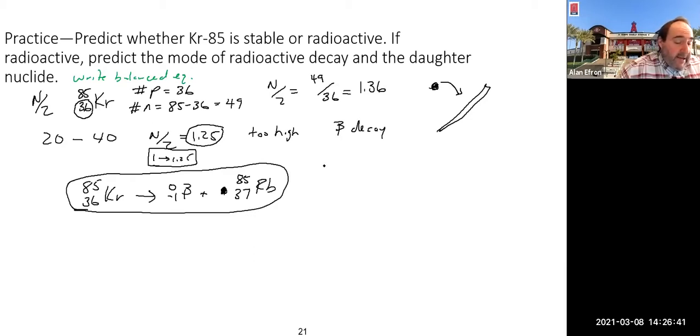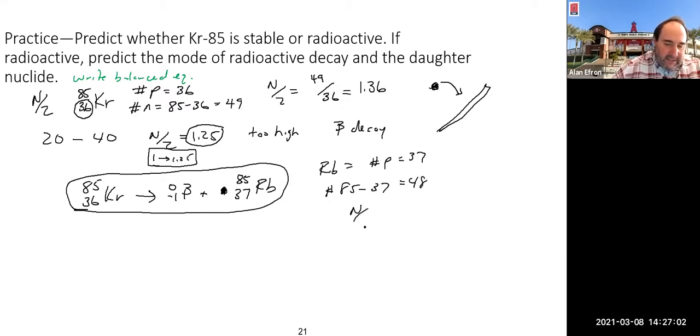Did it actually get us perfect? Let's see. So if we look at the Rb, that means we have 37 protons. Neutrons in this case would be 85 minus 37, which gets you 48, which means our N to Z is 48 divided by 37, which is about, we'll call it 1.3.